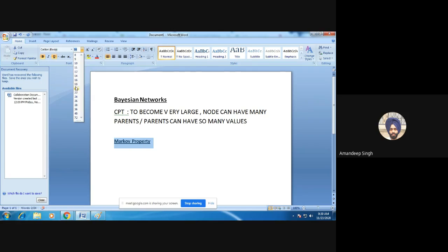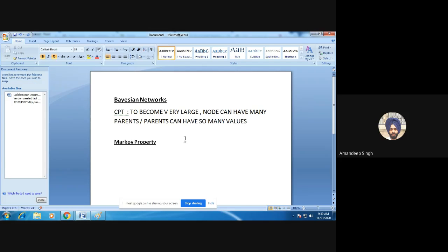When this comes into the picture, that is the Markov property. We use this along with Bayesian networks in order to arrive at conclusions in various technologies.